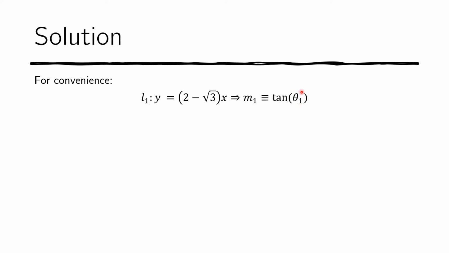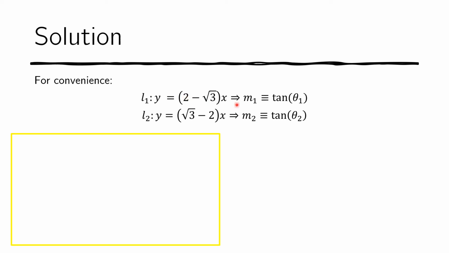Let's call that angle theta sub 1. For the second line, let's call that line L sub 2, and the angle that it makes with the positive x-axis, let's call theta 2. We also call the slope of this line m sub 2.